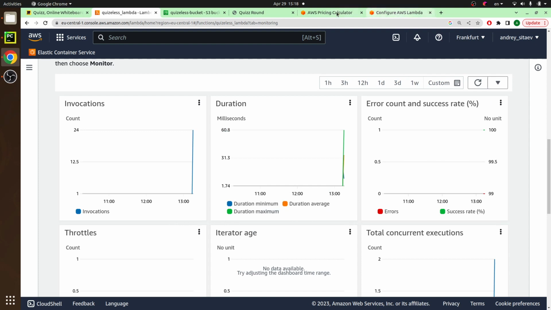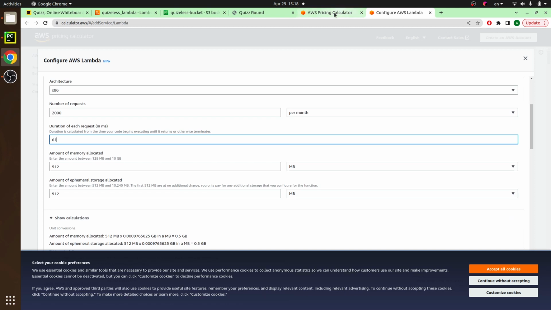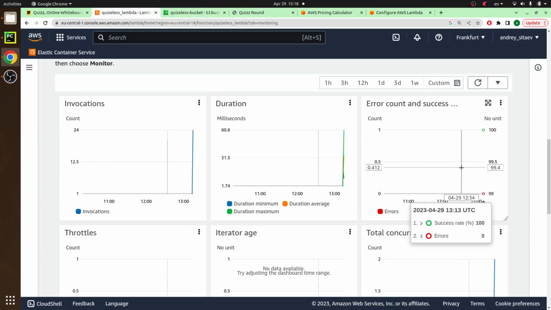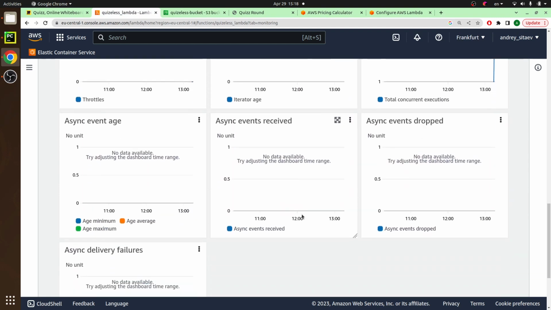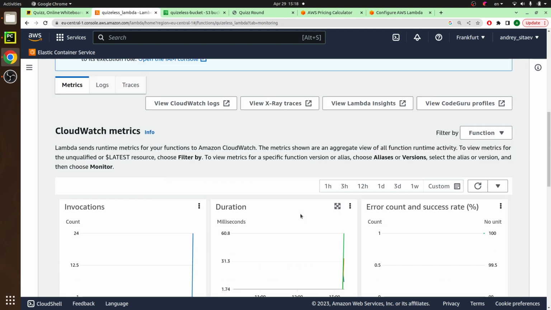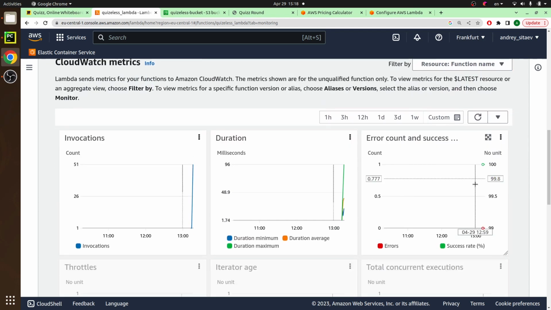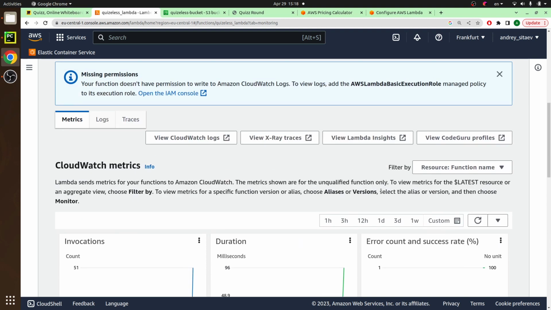So if I go back to the pricing calculator, and the duration is only 61 milliseconds. Do I also have memory metrics here? Not so sure, but if I filter by resource, no, probably the same statistics.